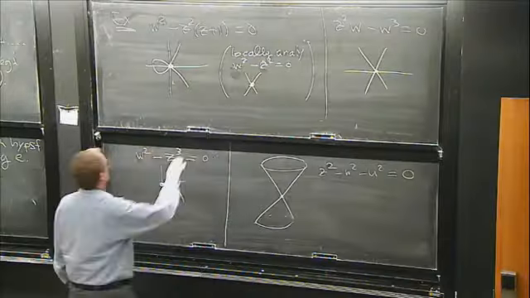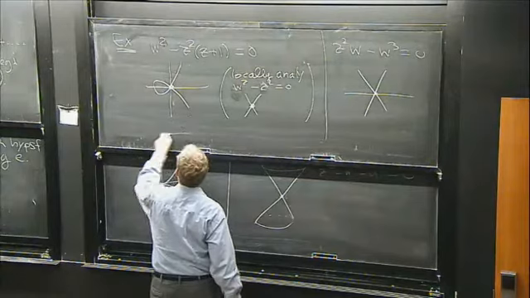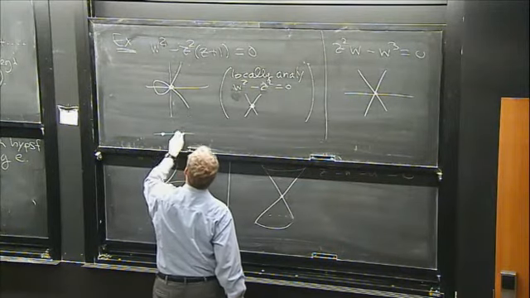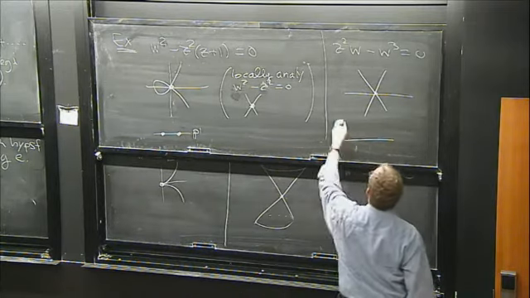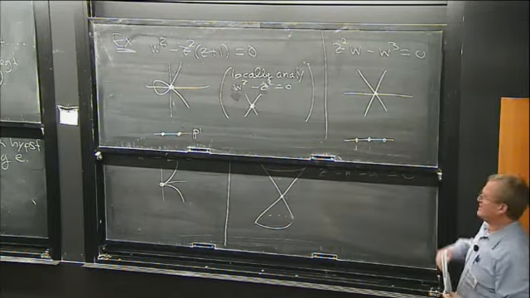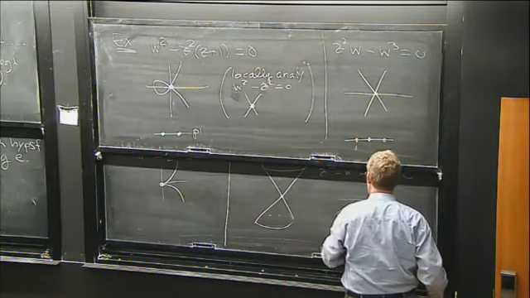So for example, if we take this nodal curve here, we've got w squared minus z squared, which is already homogeneous. In P1, it just defines 2 points. Here, again, it's homogeneous, and in P1 it just defines 3 points. And here it just defines a conic in the plane.